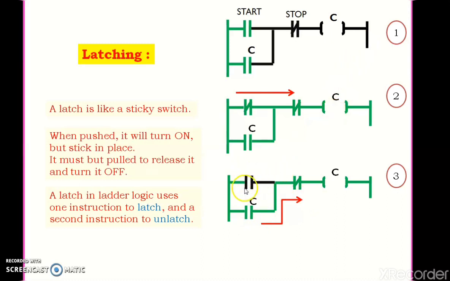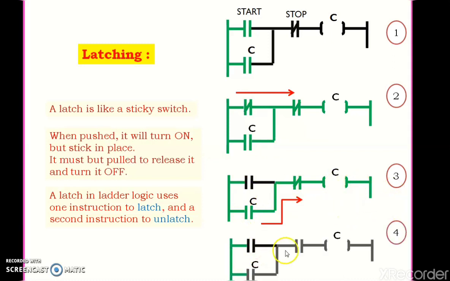Though we leave the start switch, the supply will be given to the coil from this side, because this coil is energized and it has latched this switch C, which is giving the supply.